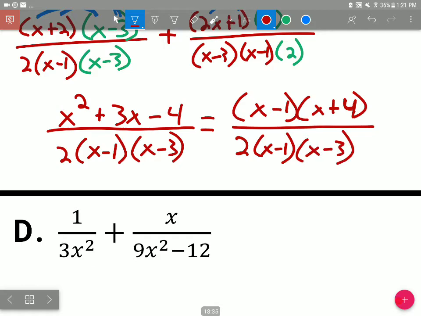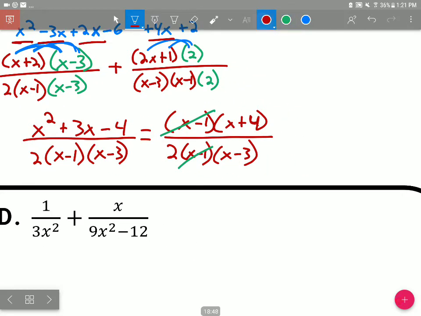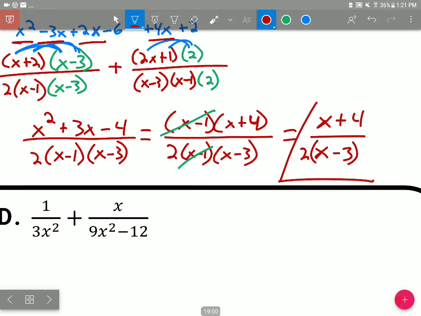And I'll just drag over the bottom. And then it's going to be x plus 4 over 2x. Good. We can cancel those out. And we've got x plus 4 over 2 times x minus 3. But you don't have to multiply out the bottom, just leave it like that. You can write it as 2x minus 6 if you want.